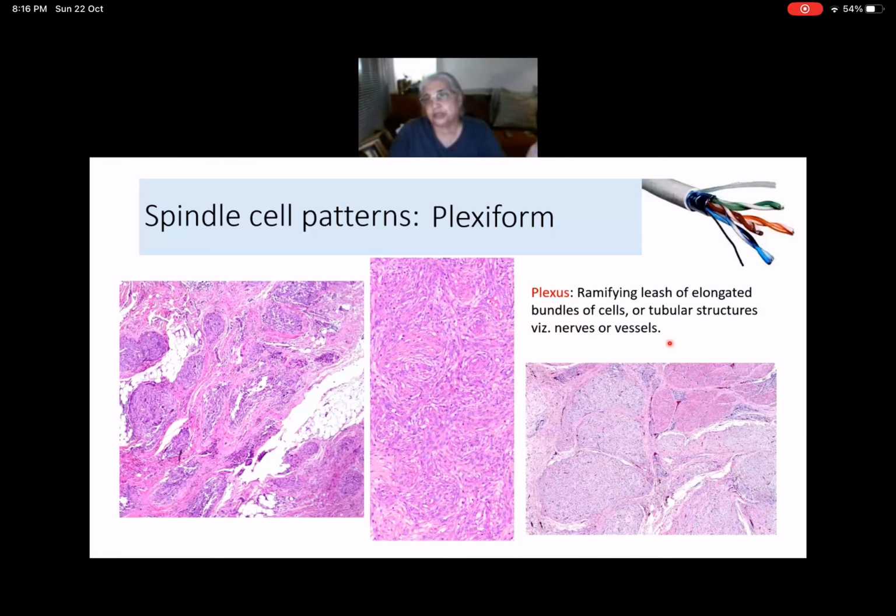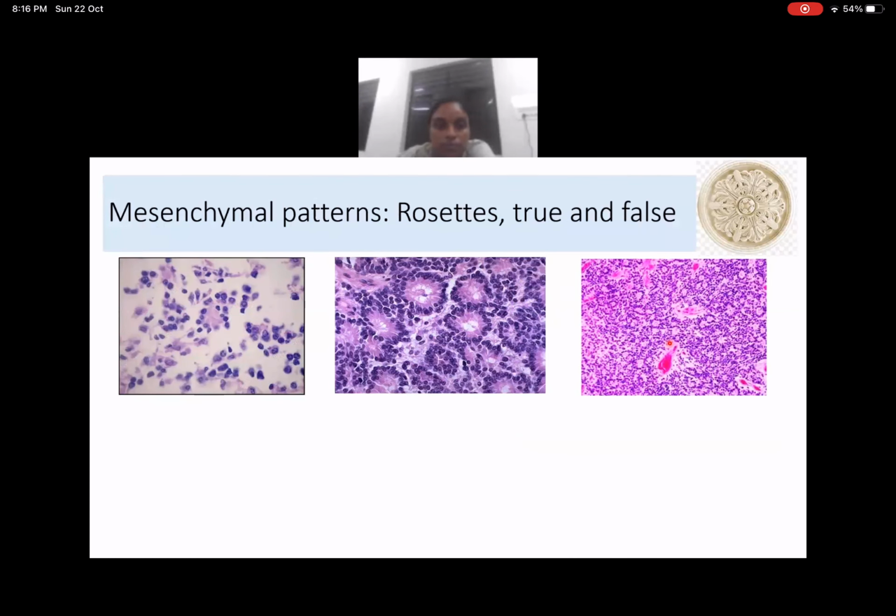You can get a plexiform pattern even in vessels, where you have plexiform malformations in people who have vascular malformations. So it can be spindle cells, it can be vessels, it can be anything, but this is a plexiform pattern. And I've shown you a cable on top, which you can see.